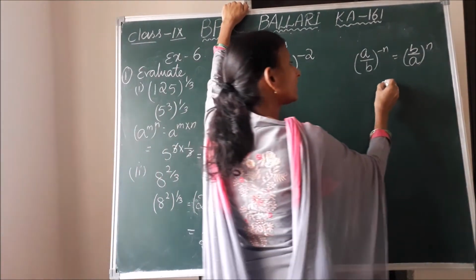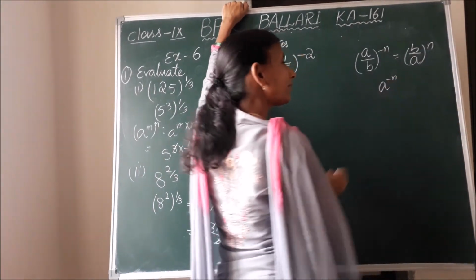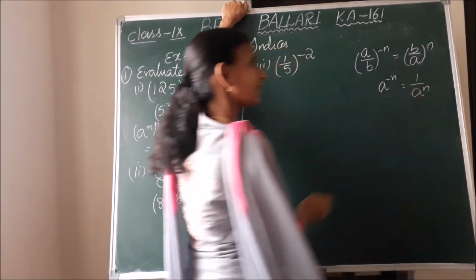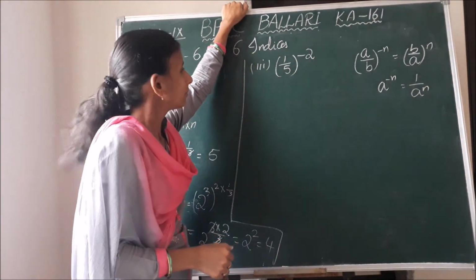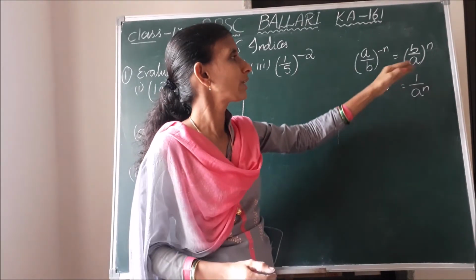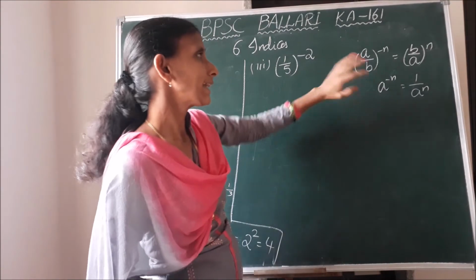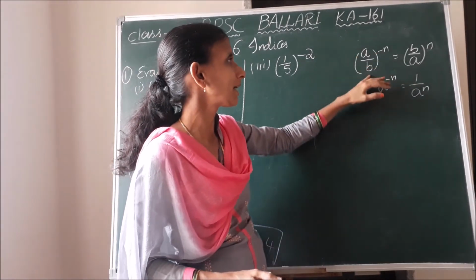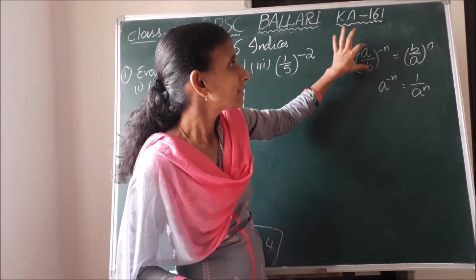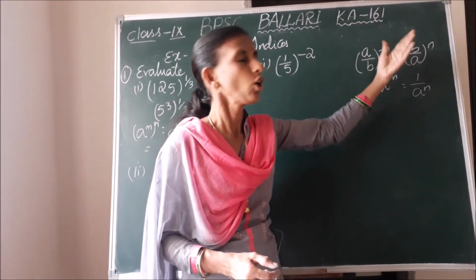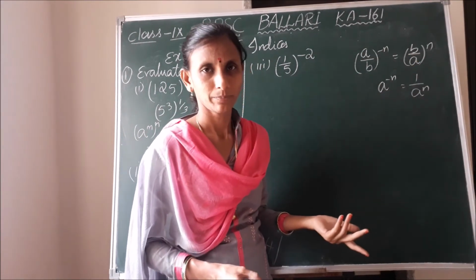You have learned in the laws of indices, a power minus n is equals to 1 by a power n. Right? This negative will be going to the denominator. So in the same way, here what happens? A by b whole power minus n means this fraction becomes reciprocal, b by a whole power positive. The same thing.